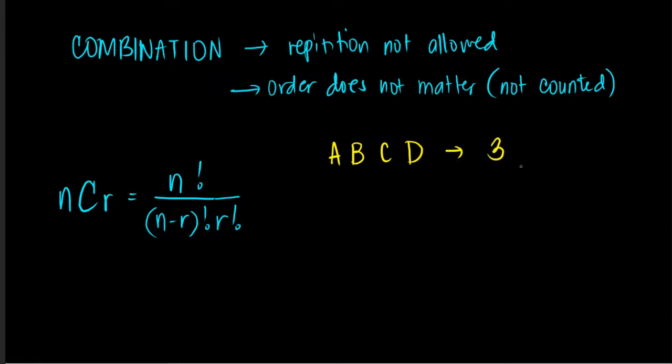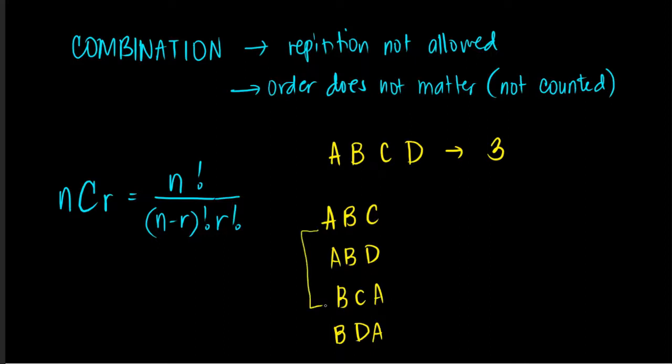Now, if you're talking about permutation, it can be Anna, Becca, Chanda, and then Anna, Becca, Donna, and then Becca, Chanda, Anna, and then Becca, Donna, Anna. That can be counted in permutation. But in combination, ABC and BCA are counted as 1. And then ABD and BDA are counted as 1 in combination.